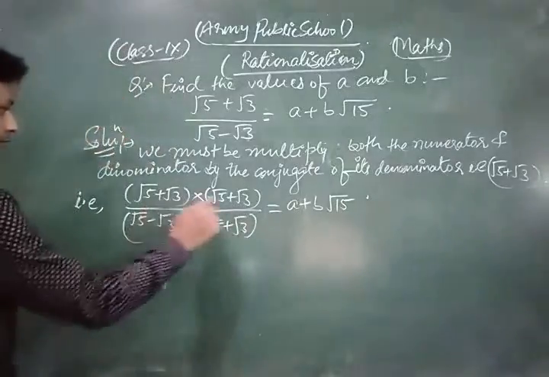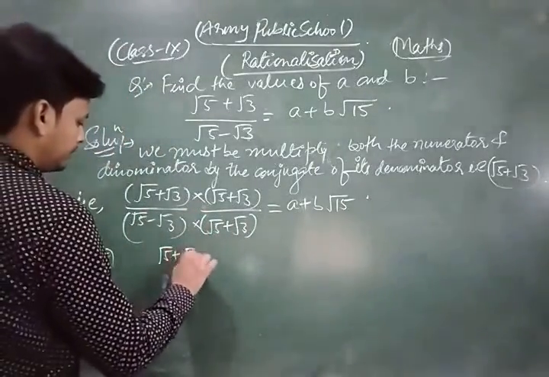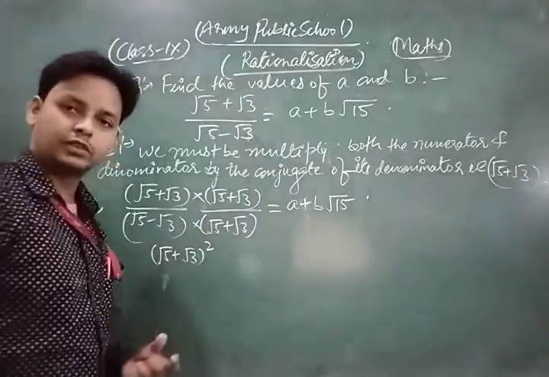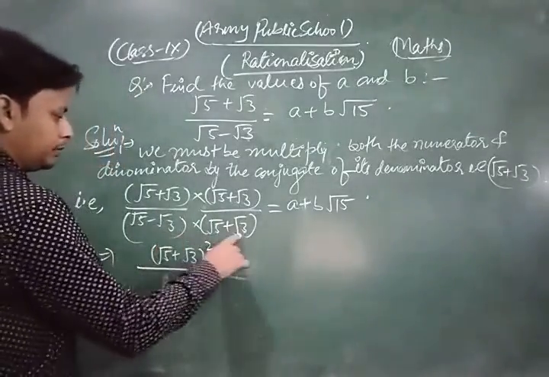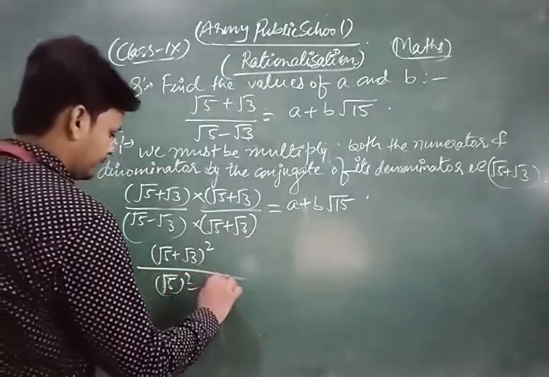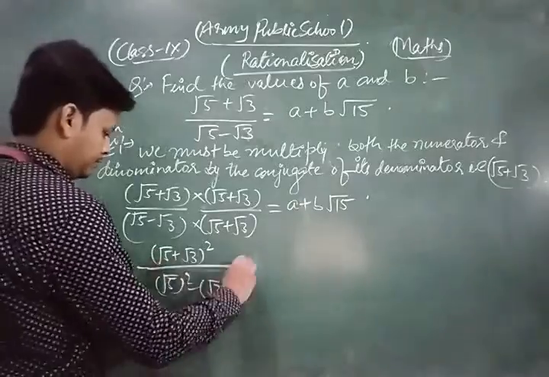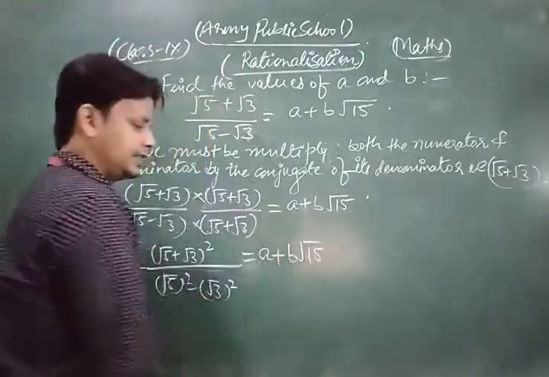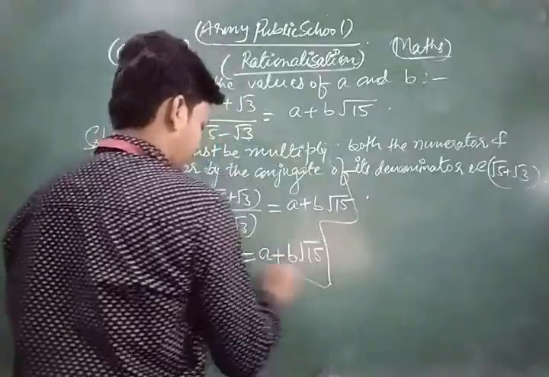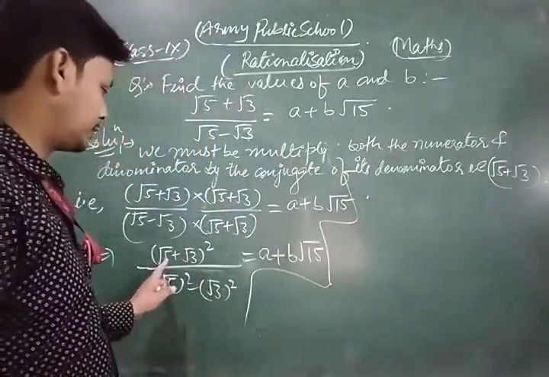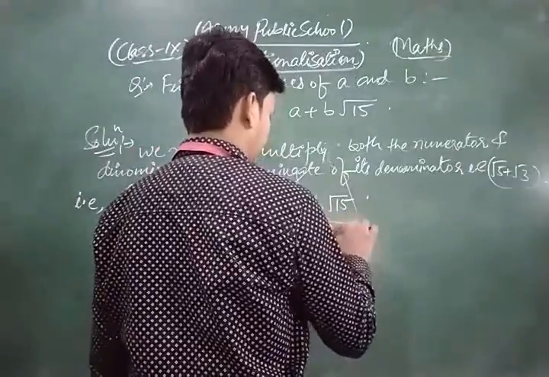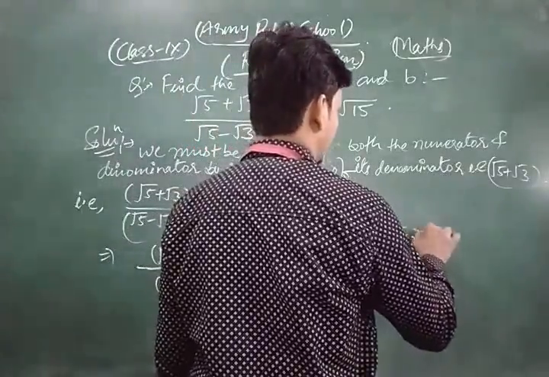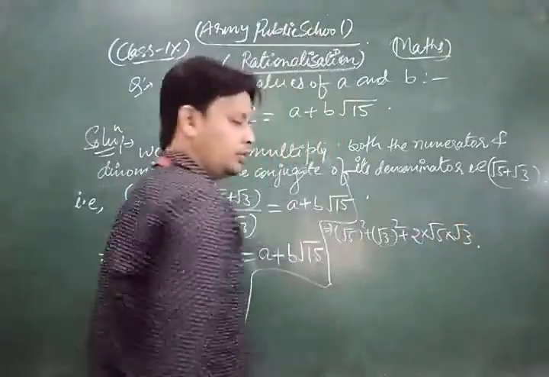Here the numerator is a square, so we can write root 5 plus root 3 whole square, divided by the form of a minus b into a plus b, so we can write a square minus b square, equal to a plus b under root 15. Now we expand the numerator: root 5 square plus root 3 square plus 2 into root 5 into root 3.